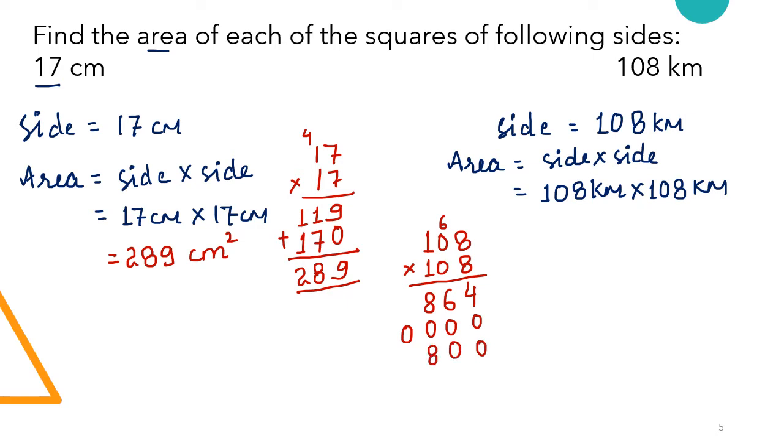Add them. It will be 4, 6, 8 plus 8 is 16, 1 carry, 1 will come down and 1. So answer is 11,664 kilometer square.